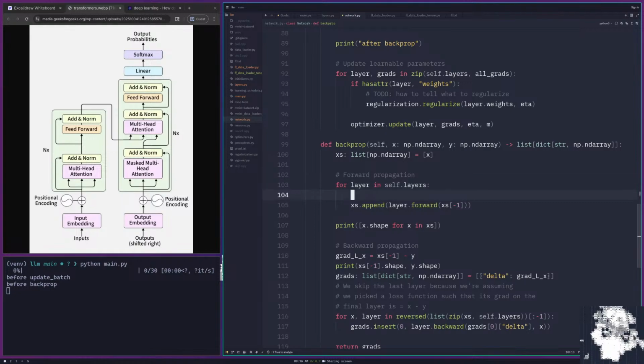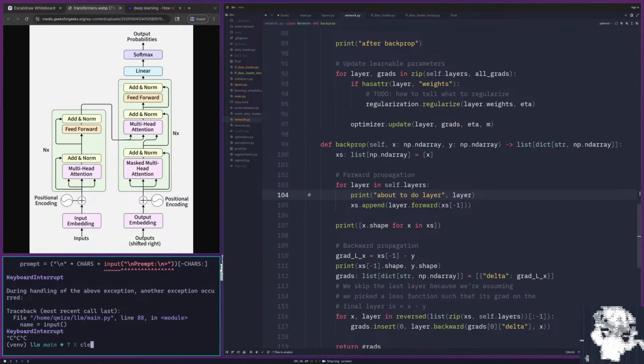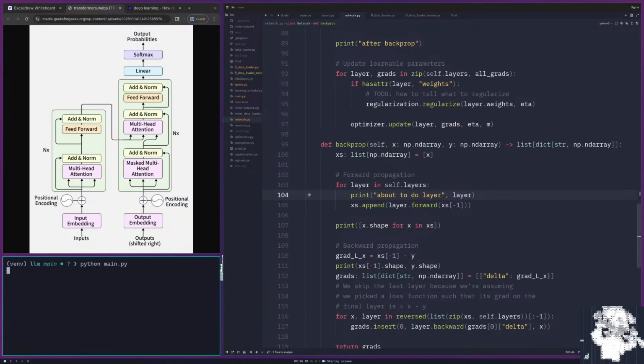So how about we print about to do layer. So it's failing on the very first layer norm.